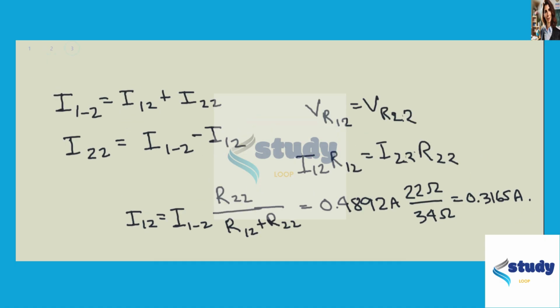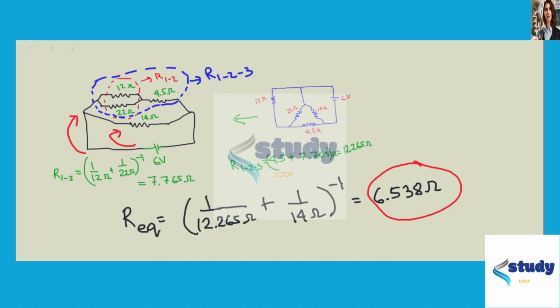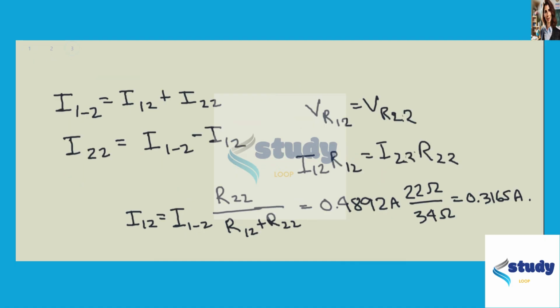Before we solve for I12, we should know that this I123 current that is passing through this is a sum of the current passing through the 12 ohm resistor and the current passing through the 22 ohm resistor, because they're in parallel connection, so we add the current. That's what we did here.